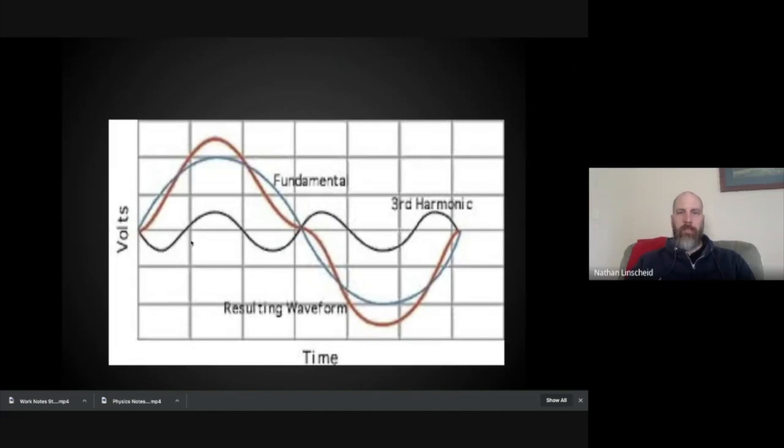All right, so here's an example. Here you have 2 waves that are being made at the same time. You've got the blue wave right here, and then you've got the third harmonic. That blue wave is the fundamental, kind of the simplest one that you can have. Then you've got the third harmonic.